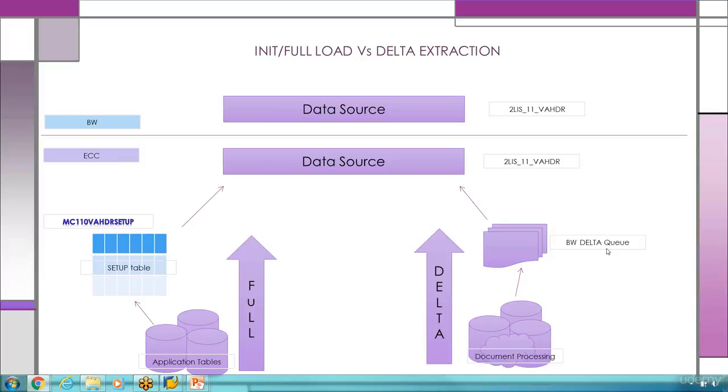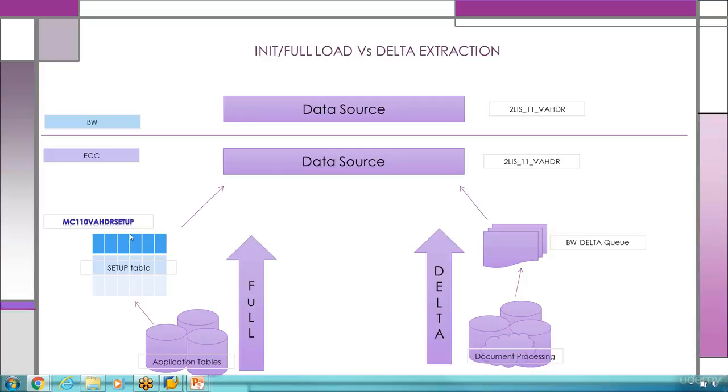When we go to the system, you will know what this is. VA is basically sales header, and communication structure number 11 is the representation of sales or billing or whatever.